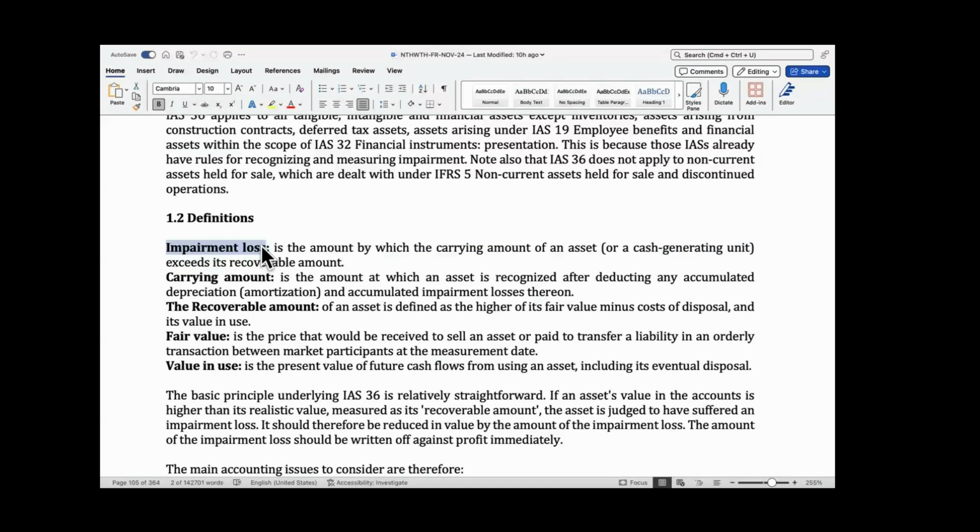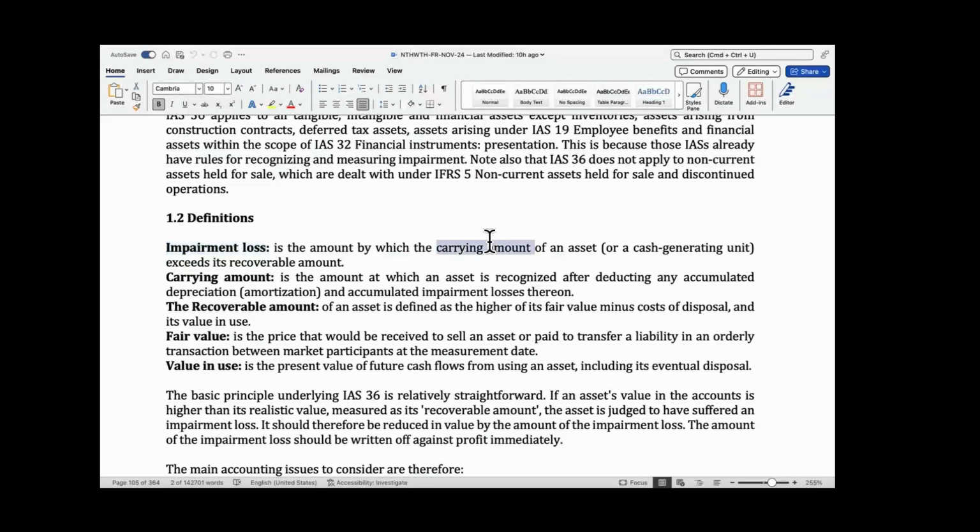And don't forget, the objective of this standard is to ensure that your book value or the carrying amount of an asset never exceeds its recoverable amount. But if it happens like that, the amount by which it exceeds it is an impairment loss. It's assumed that there is a loss happening on that asset. Now, there are two relevant points here that are key.